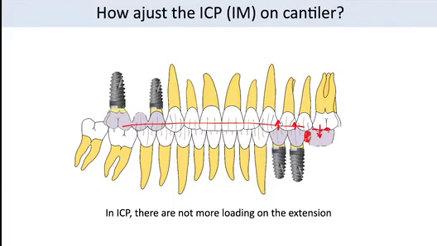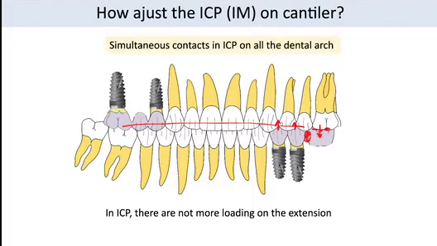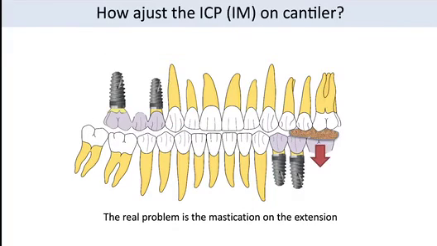The problem is not the clenching situation in ICP. The problem is mastication. If you chew something a little bit hard on the extension, there is a big risk, because there is a lot of load here and no stabilization at this level. So the real problem is the mastication on the extension.